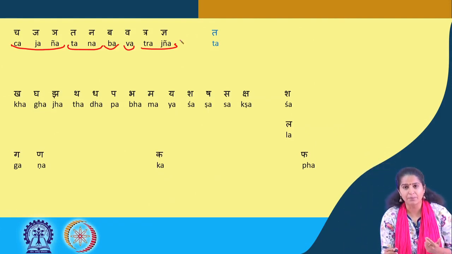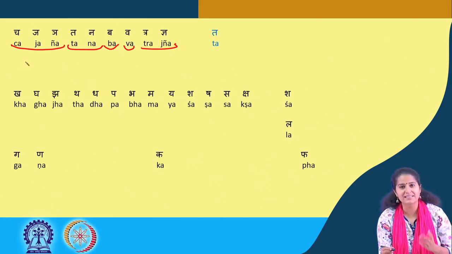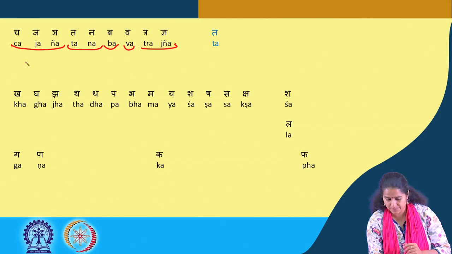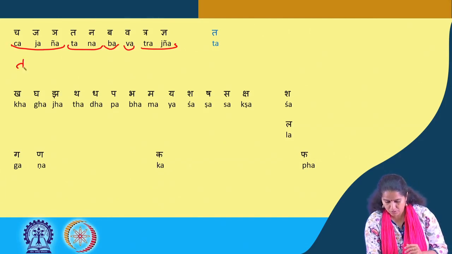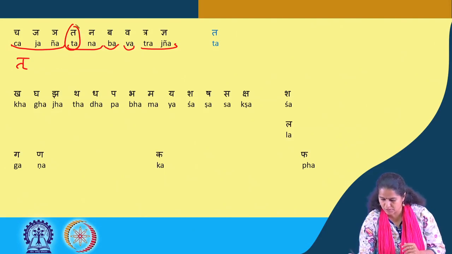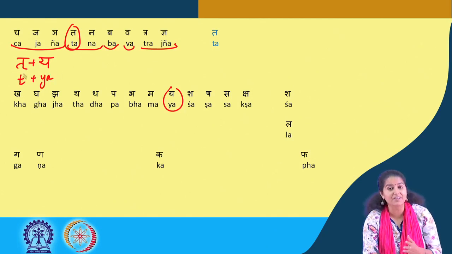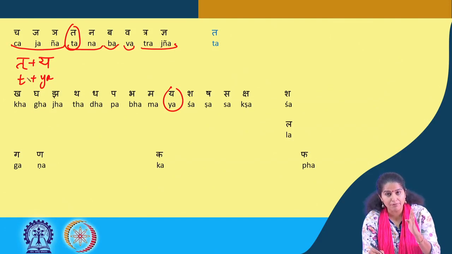So I'll give you the example of the letter th. We have the th, let's take a combination of th plus y. I'll draw it out for you. So the th plus the y we will combine here. So when you see the th, it doesn't have the sound because it's only the half of the consonant, it's just the net consonant.